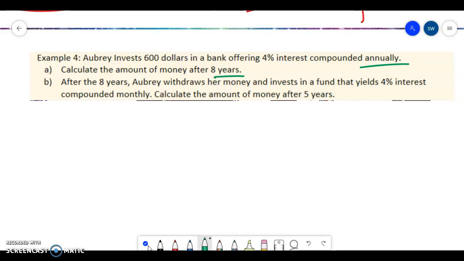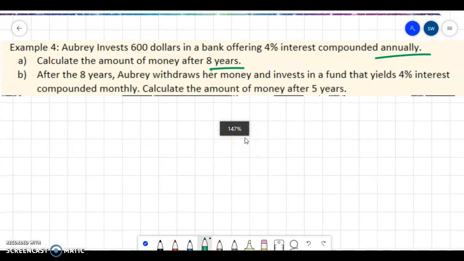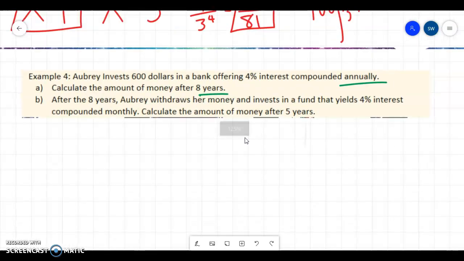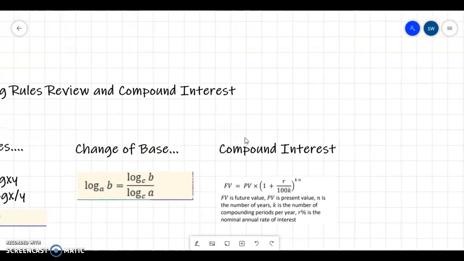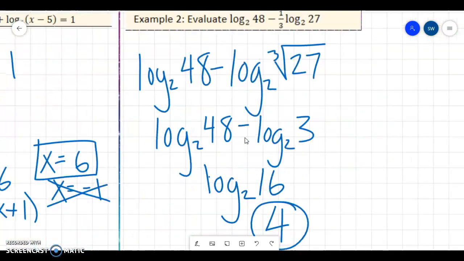What letters does IB use? Final value. Okay, future value.